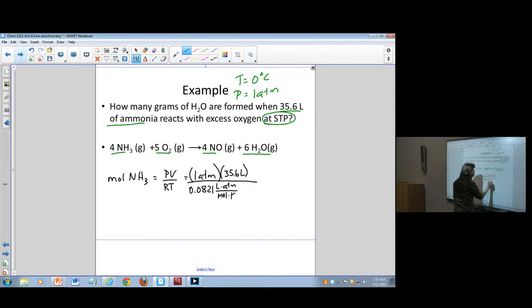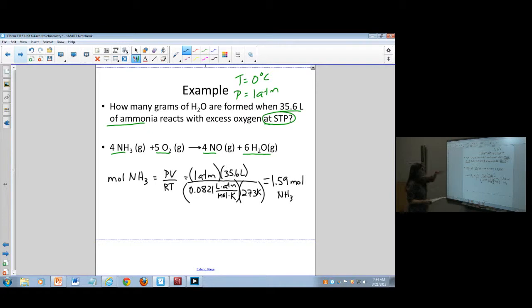I know you guys don't want to write it, but write it anyway. And then our temperature is going to be not 0, because we never use Celsius, but 273 Kelvin. When you calculate that up, that works out to be 1.59 moles of ammonia that's in this container.